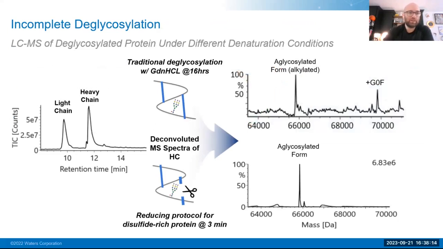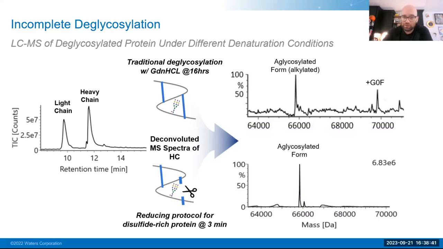So again, when we look at the complex nature of these next generation therapeutics, you'll see that unfortunately, if you don't break down those disulfide bonds, some of the glycans may not be accessible by PNGase F. If we look at the release of these glycans, in the mass spectrometry analysis on the right there, you'll see that there are still some glycans that could be present.